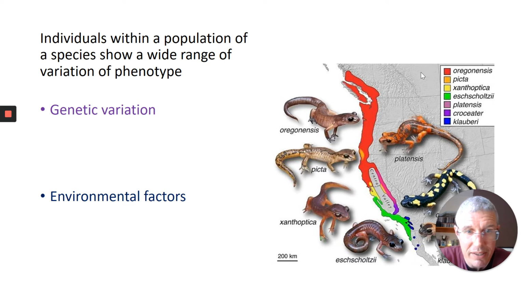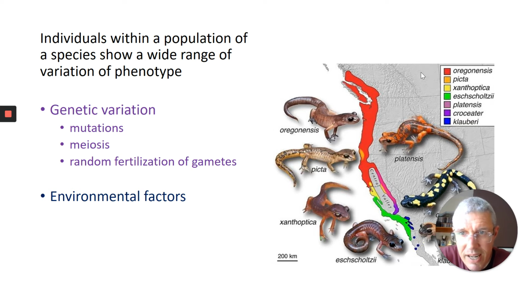The genotype are the alleles present, and the DNA and that sort of thing. But the phenotype is what it looks like, what it is, what it does, that sort of thing. Genetic variation and environmental factors will affect the phenotype.